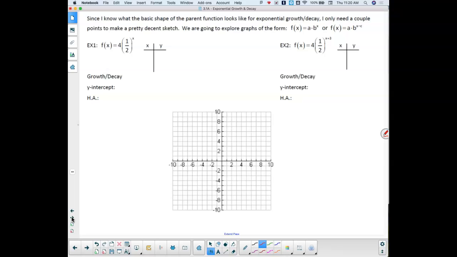So in this particular case, that would be at x equals 0, and x equals 1. Agree? Okay, love it. Plugging in 0. What do I get out? 4. Plugging in 1. What do I get out? 2.